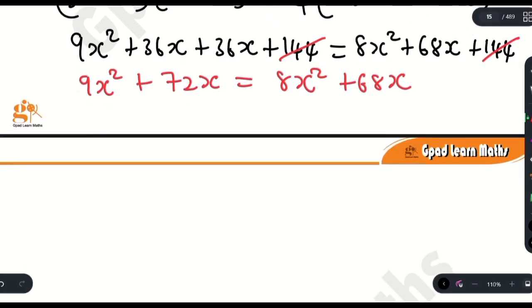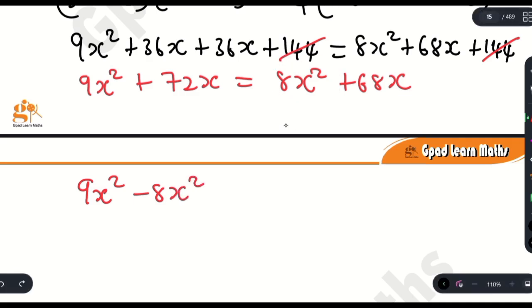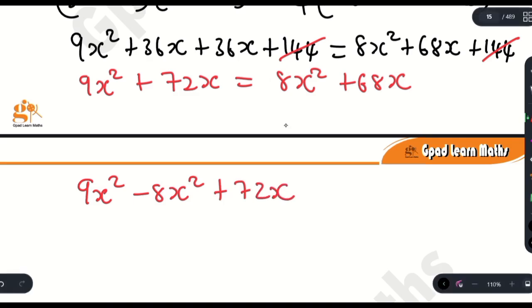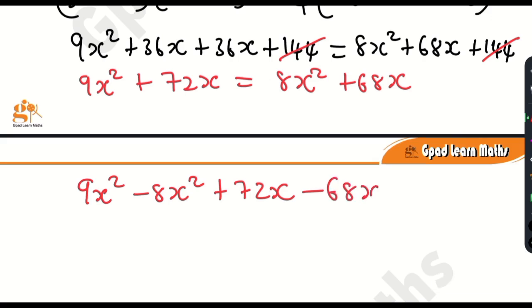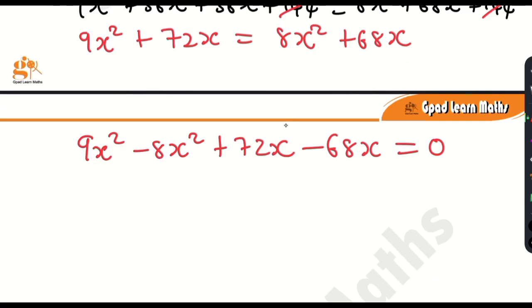So let's move all of the terms here to the left hand side. So you have 9x squared minus 8x squared, and then plus 72x, then minus 68x, and all is equal to 0. Okay, so let's proceed. 9x squared minus 8x squared is just x squared. 72x minus 68x is plus 4x, and all is equal to 0.